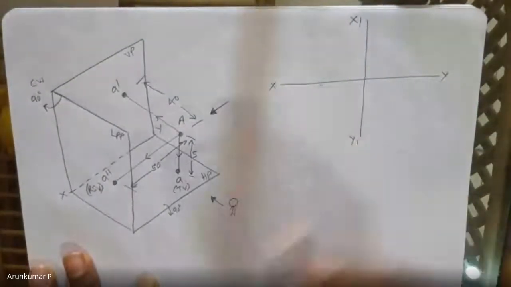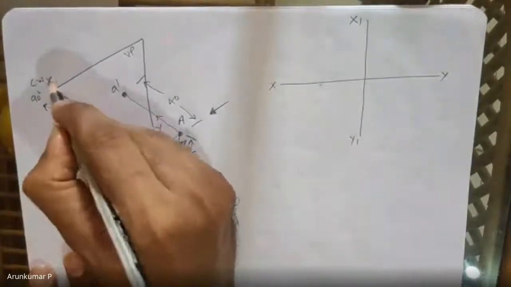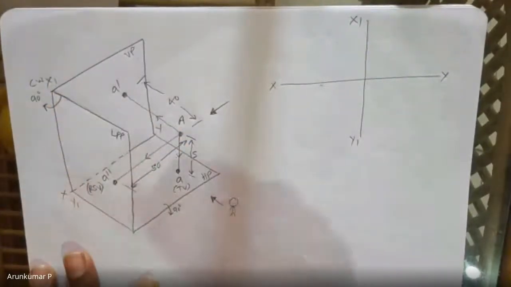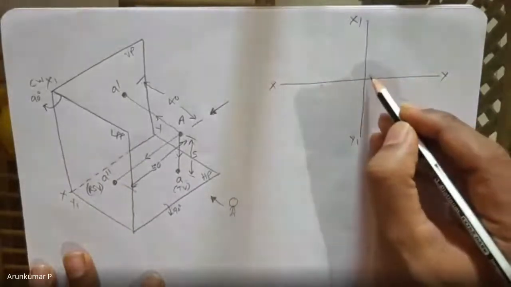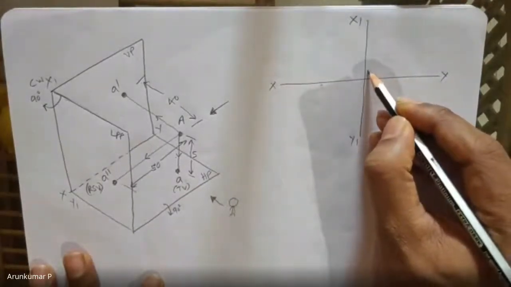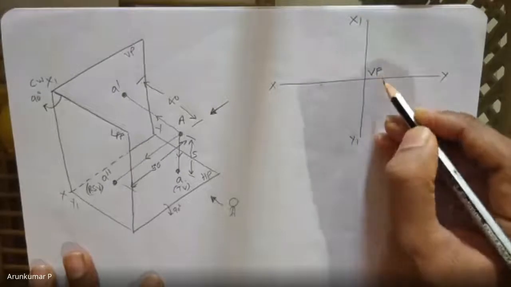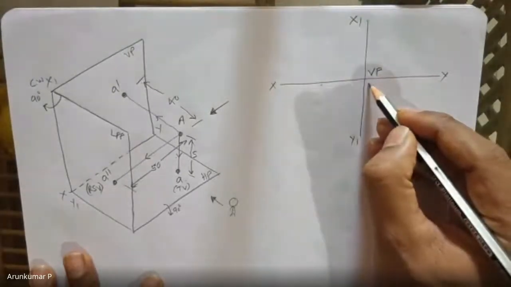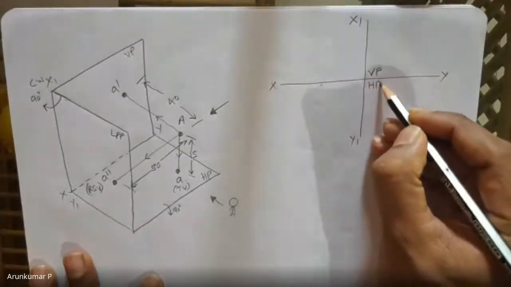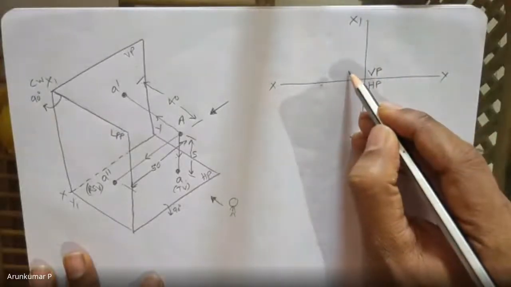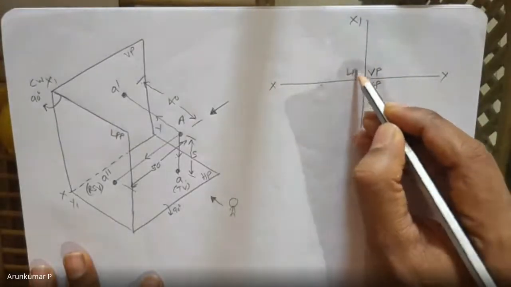X1, Y1. In this case, this is X1, Y1. This is VP. This is HP. And this is LPP.